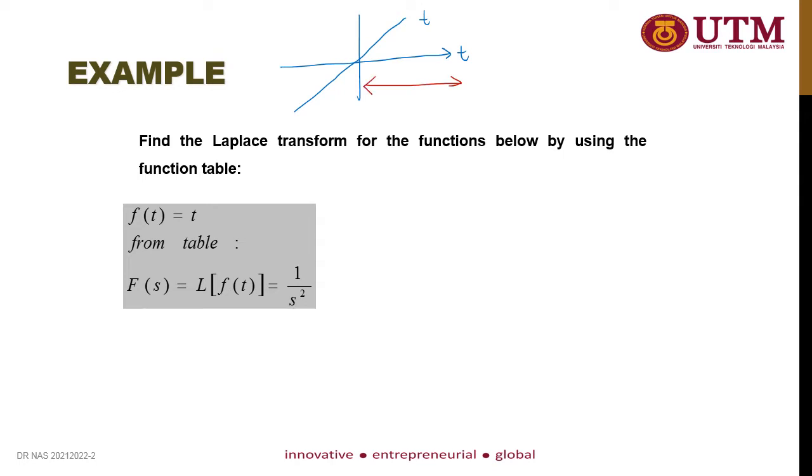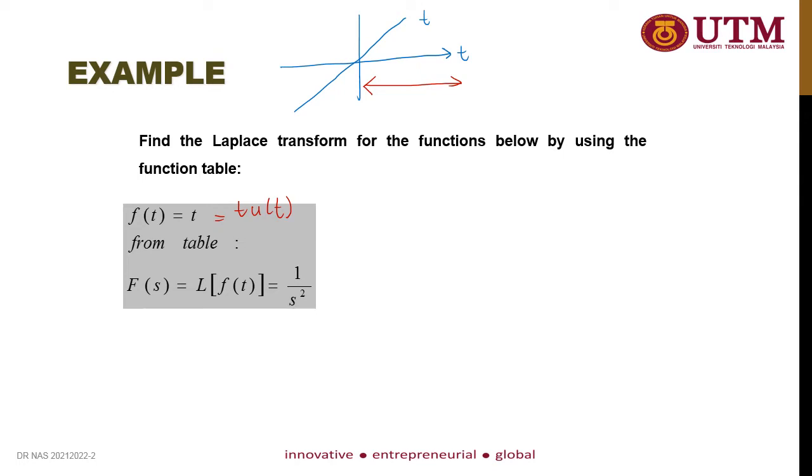Therefore we can assume that such an equation is equal to t u(t). This is called a unilateral function, in which only one side, the positive side, will be considered in your calculation.